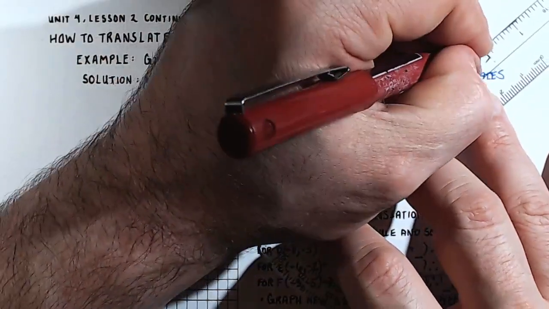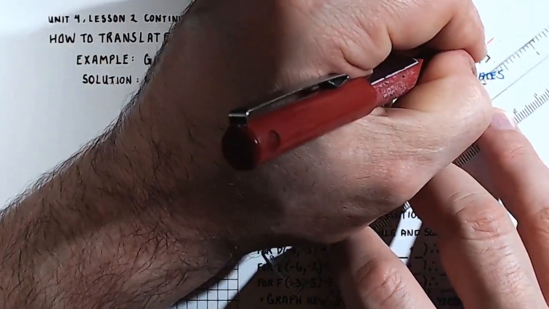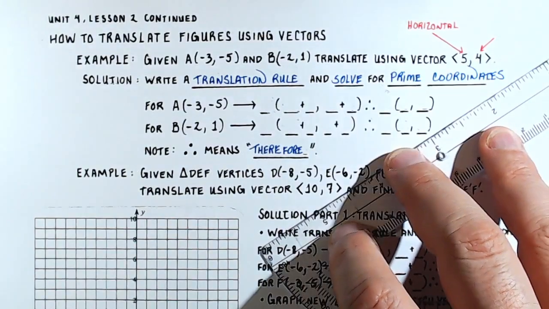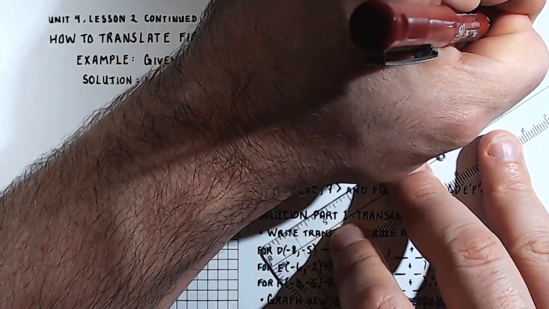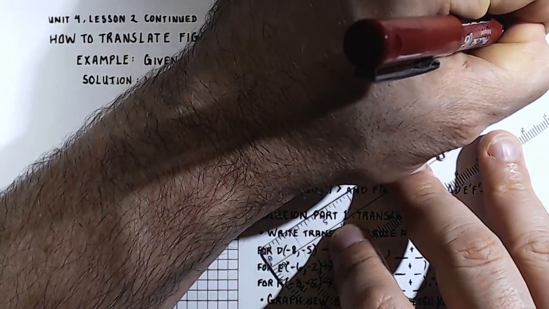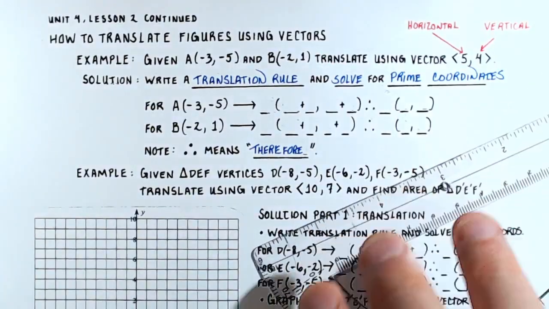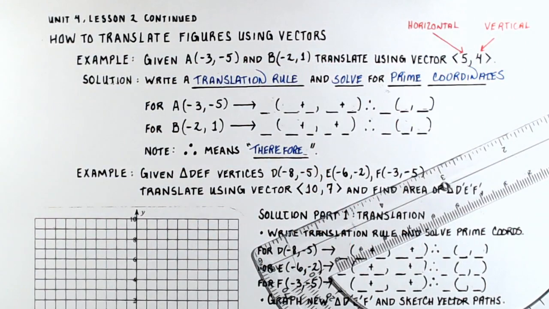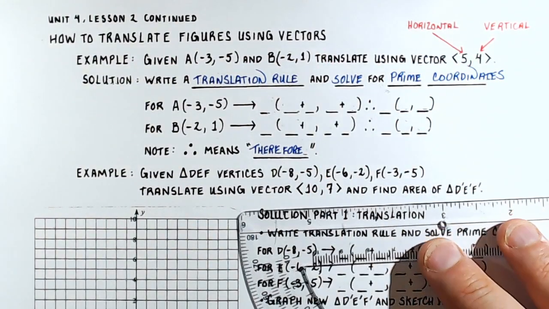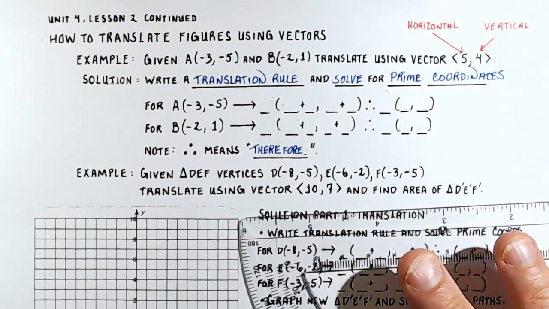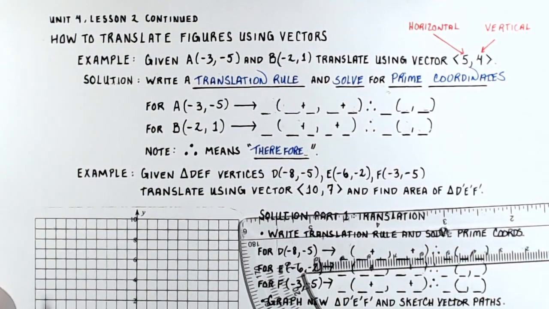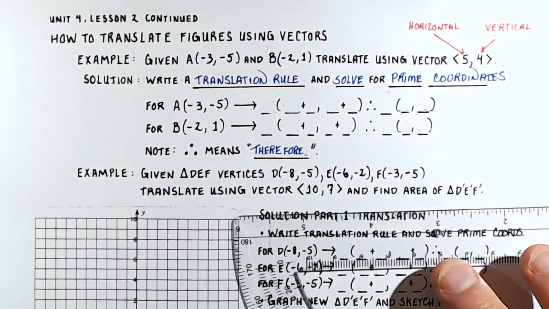This coordinate right here in the y position is the vertical motion, and that makes sense because the vertical axis is the y-axis. So when we think about moving, we have to move each coordinate. It's very similar to what we were doing with fractional distance.